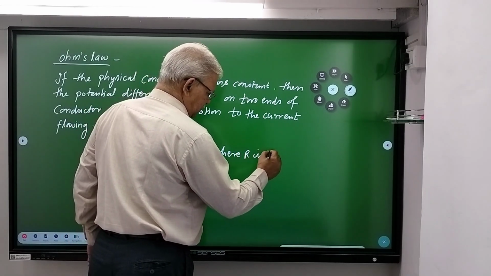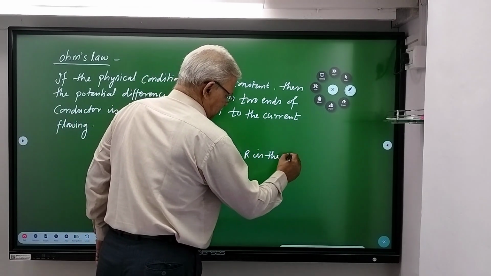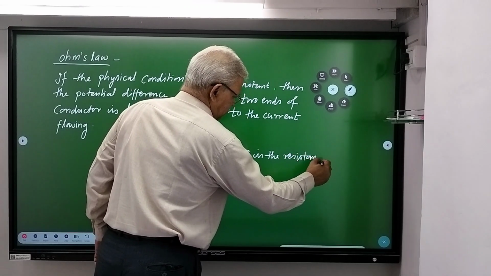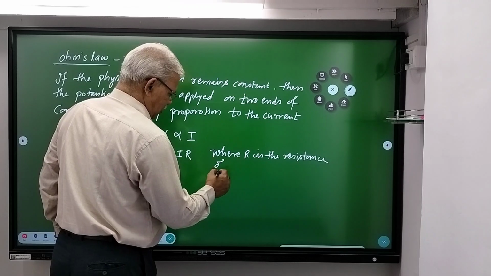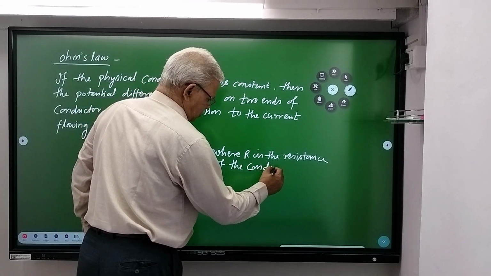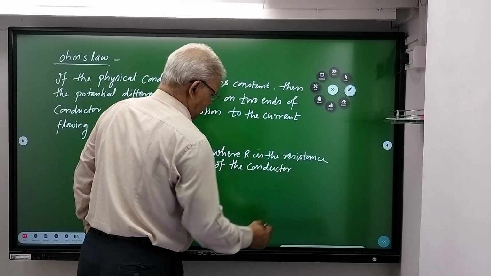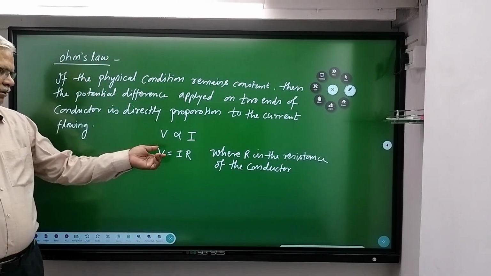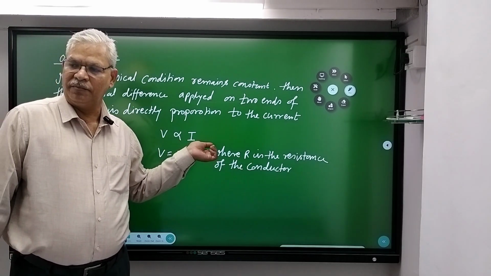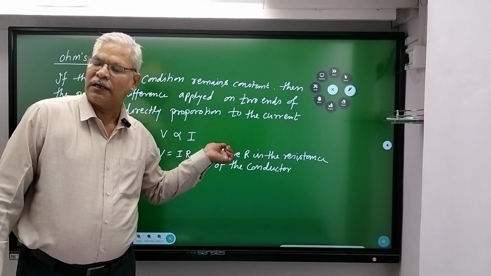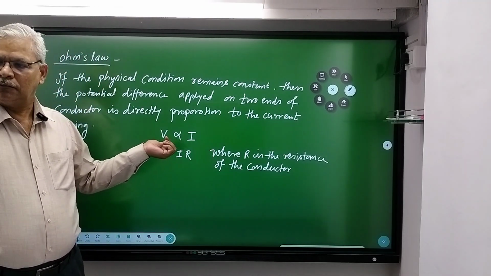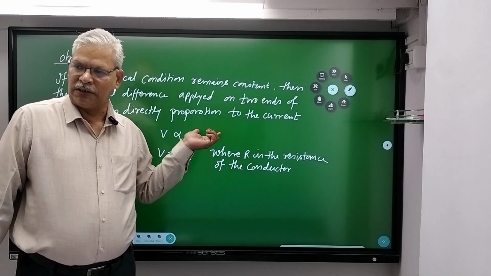R is the resistance of the conductor. Okay, this is resistance of the conductor, and it is fixed for a particular material, as I told you, this is fixed for the particular conductor or material.